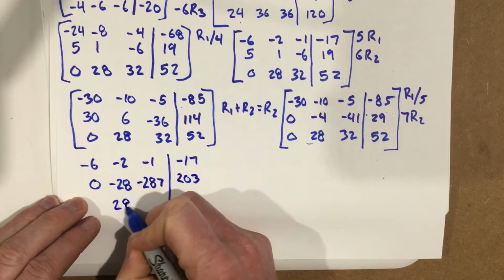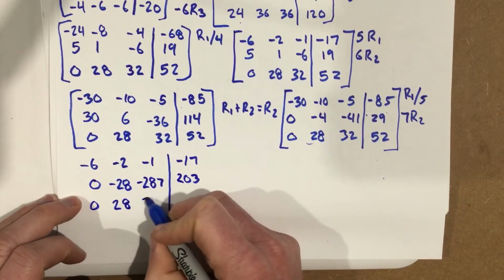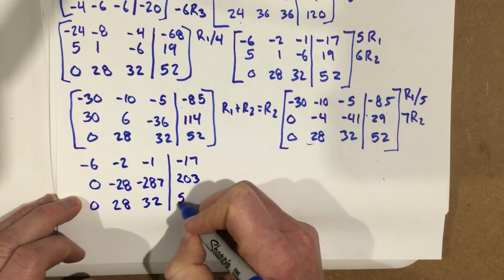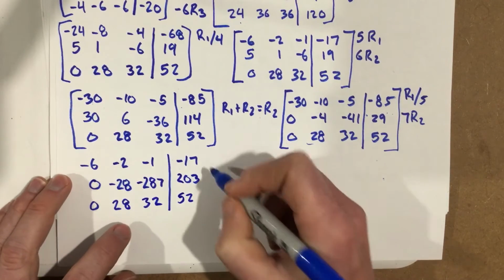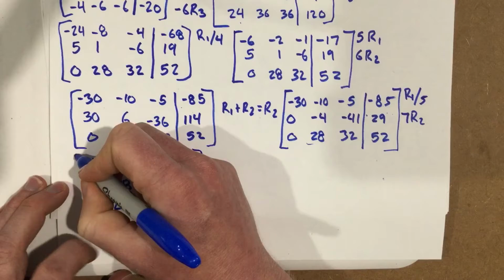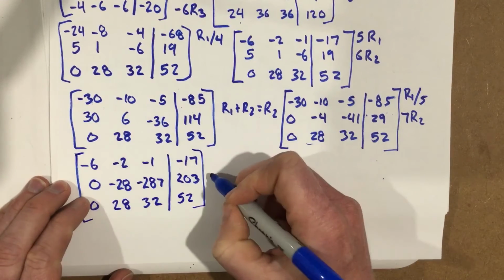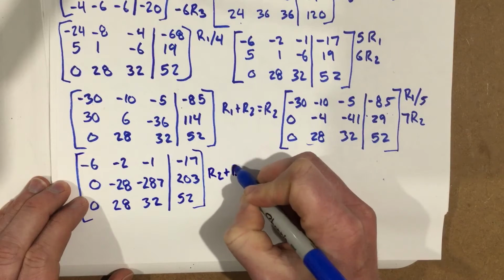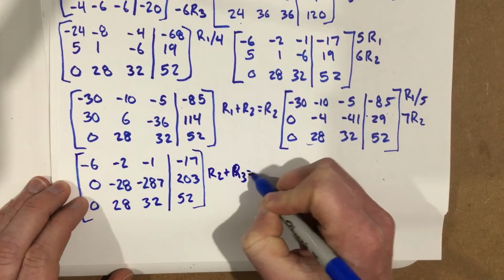We've got 28, 32, and 52. Now we want to add row 2 with row 3. That's going to equal row 3.